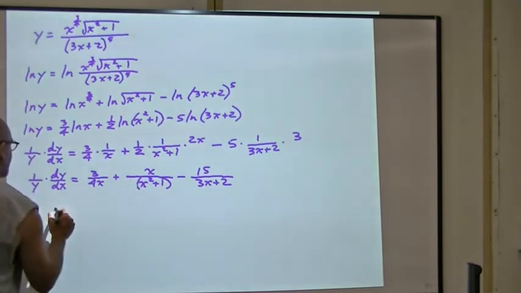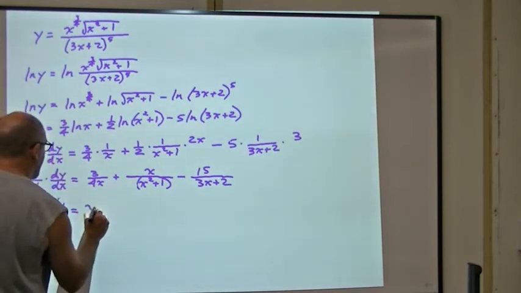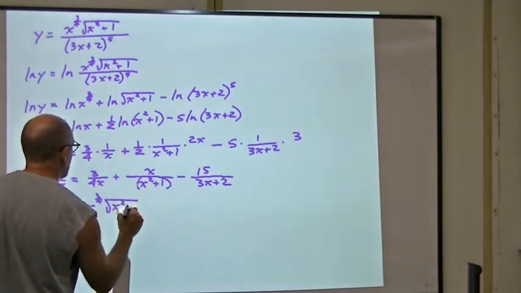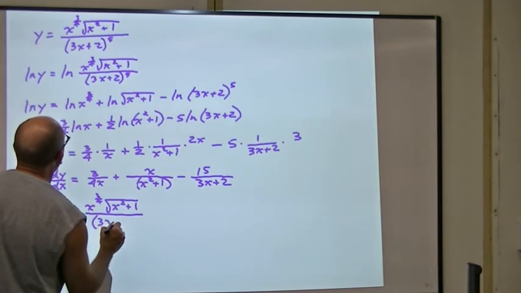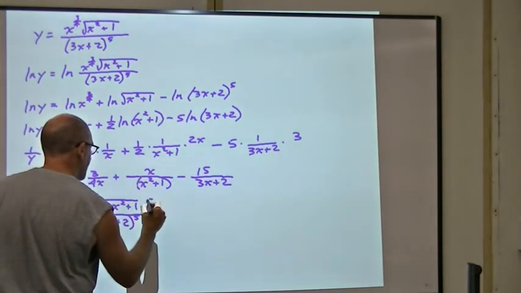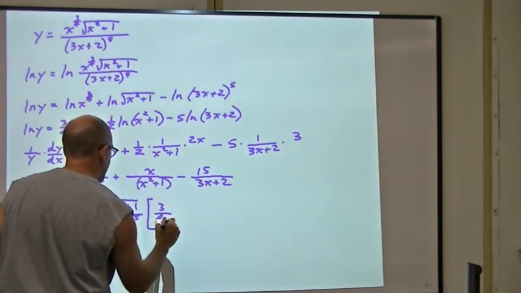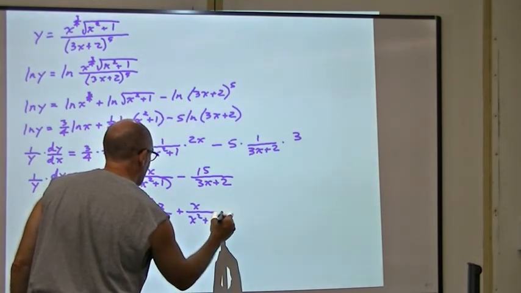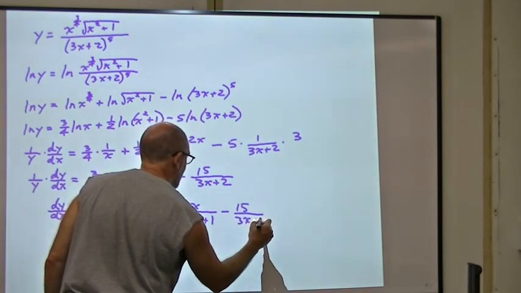So that's all we have to do is go dy dx equals x to the 3/4 times square root of x squared plus 1 divided by 3x plus 2 to the 5th times 3 over 4x plus x over x squared plus 1 minus 15 over 3x plus 2.